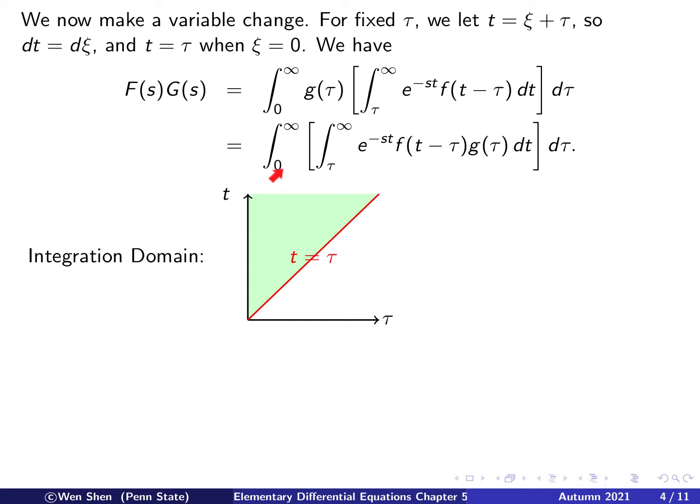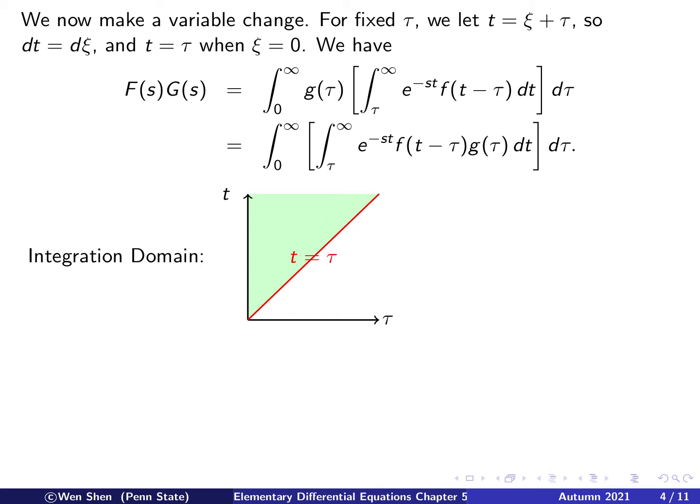So let's look at the d tau. Tau runs from 0 to plus infinity, so as tau goes from 0 to plus infinity, the t would take only the part from tau to plus infinity. So let this be the line t equals tau, and then the t will take the value from tau to infinity, and therefore this 45-degree wedge starting from the origin going up to infinity will be the integration domain.